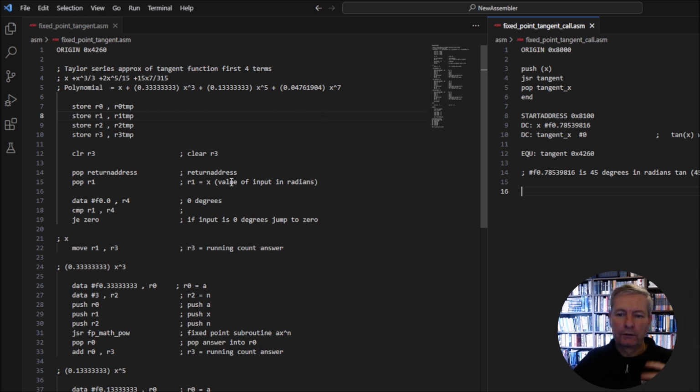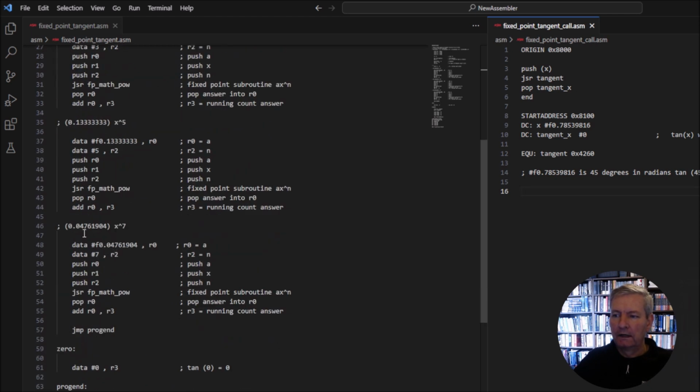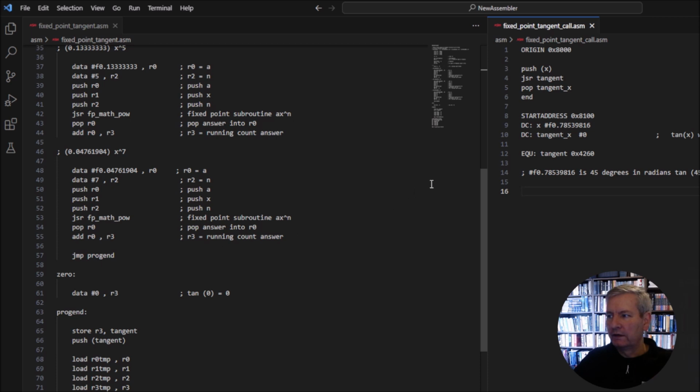So everything remains pretty much the same. This time we're going to work out the value of x here, and then we're going to have x to the 3 divided by the value of 3, and then the next term, the term in x to the 7 here. So it works through and generates the final result, and then the result is saved to the position called tangent within the calling function.